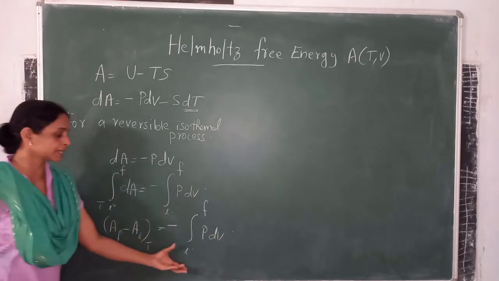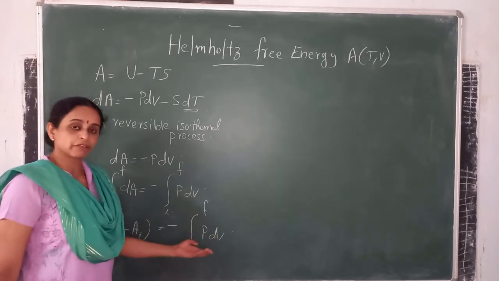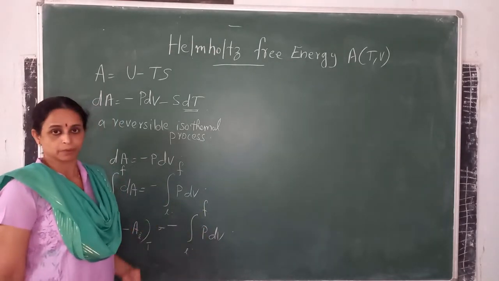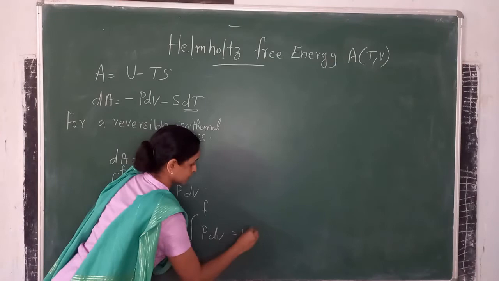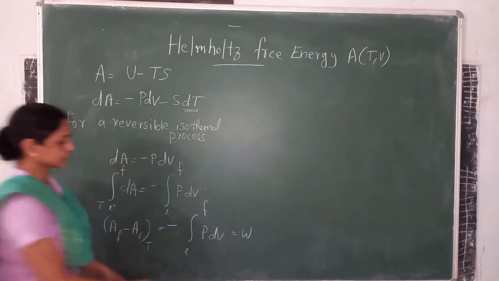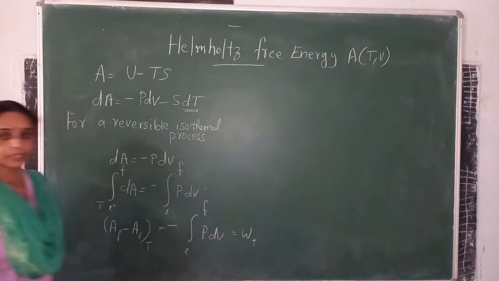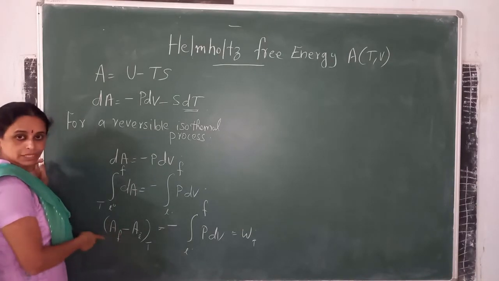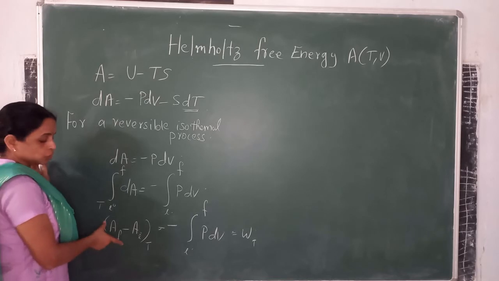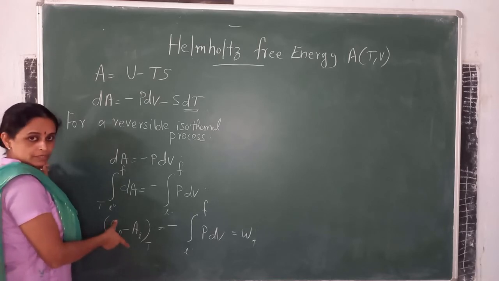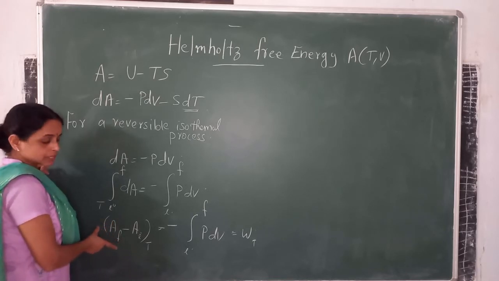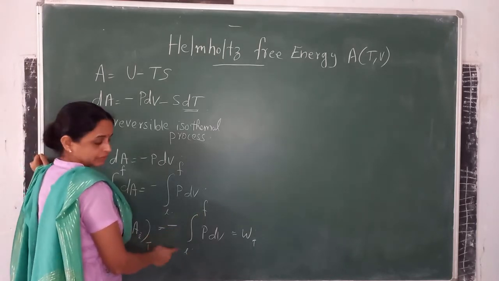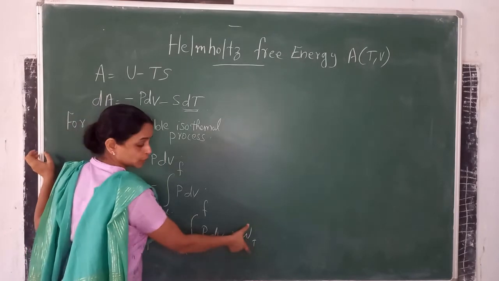This minus integral I to F PdV is actually the work done during the process. So the total change in the Helmholtz function during a reversible isothermal process is given by minus integral PdV, the work done.